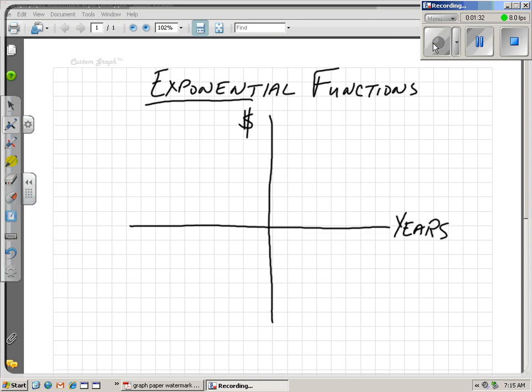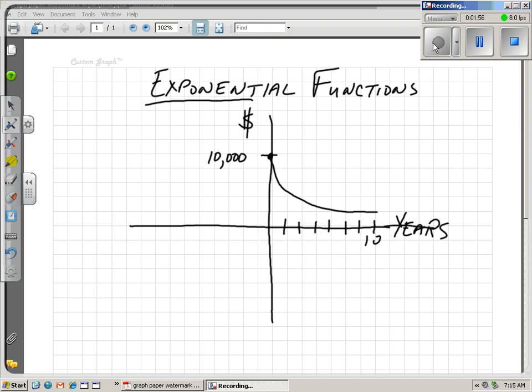Okay, what if it goes the other way? Let's say we have a car that we bought brand new for $10,000. Well, at year 0, when it's brand new right off the lot, it's worth $10,000. But as the years go by, your car becomes worth less and less until about when it's 10 years old, it's probably only worth maybe $1,000 or $2,000.